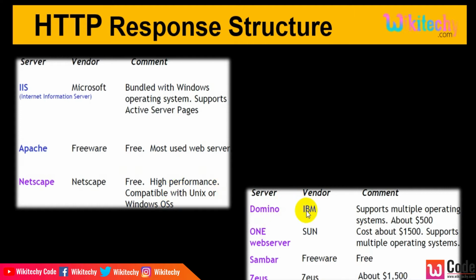Domino, the vendor is IBM, supports multiple operating systems, it's about $500. One web server by Sun, costs about $1,500, supports multiple operating systems. Samba, it's freeware and it's free. Zeus, by Zeus, about $1,500. These are some of the web servers available in the market.